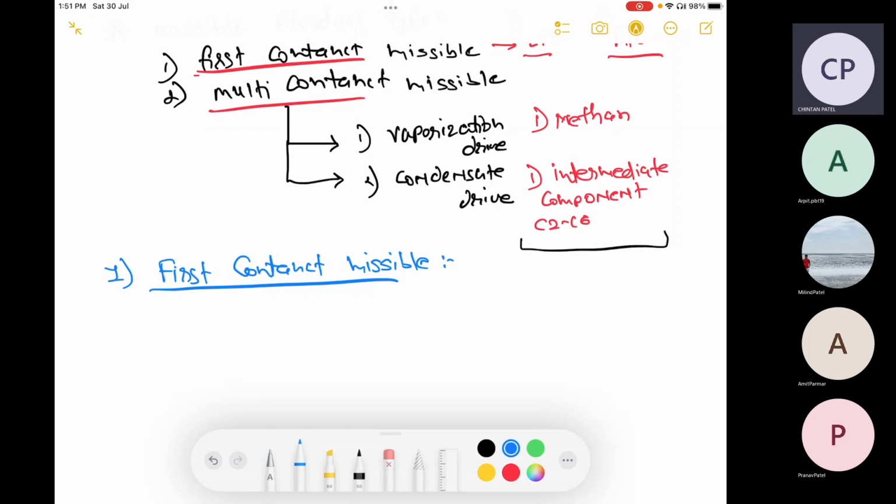Which solvent has a higher tendency to become miscible easily? Can anyone answer? Sir, I think propane. And what is the reason?